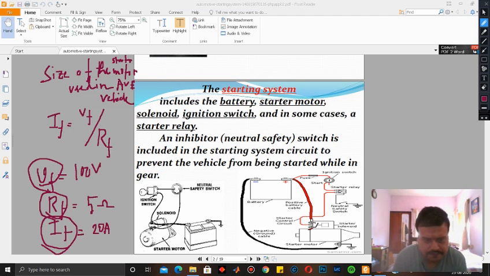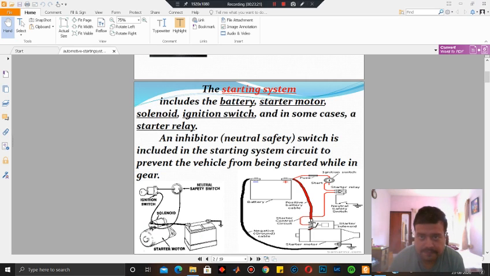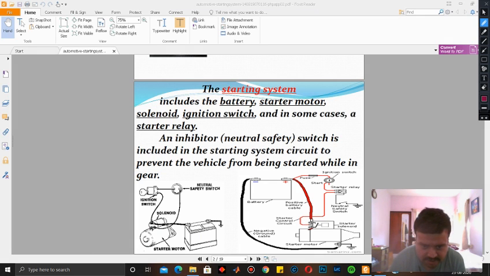Now the electrical parts which are mentioned over here are this battery, and this solenoid which is mounted on a starter motor. If we observe this, let us say that this is the negative terminal of the battery and this is the positive terminal.